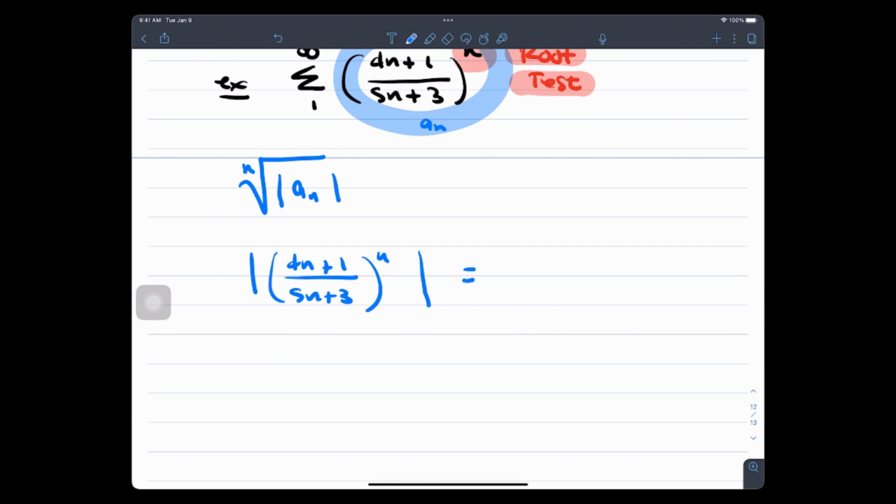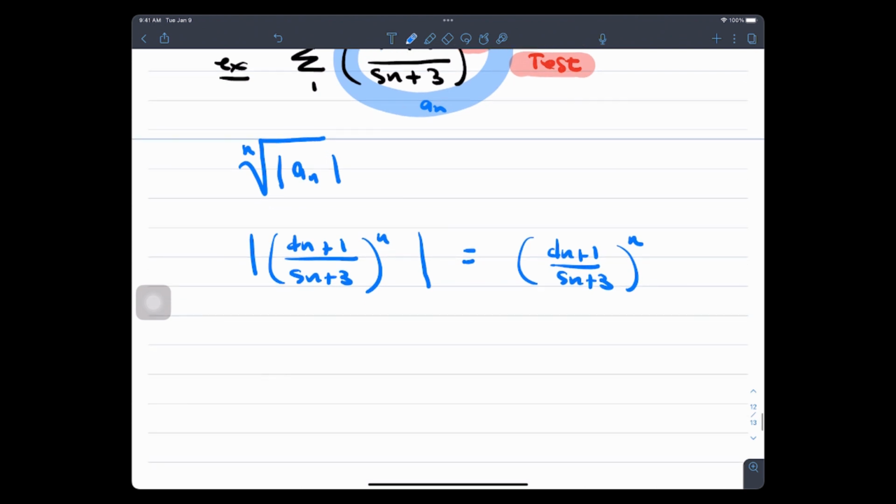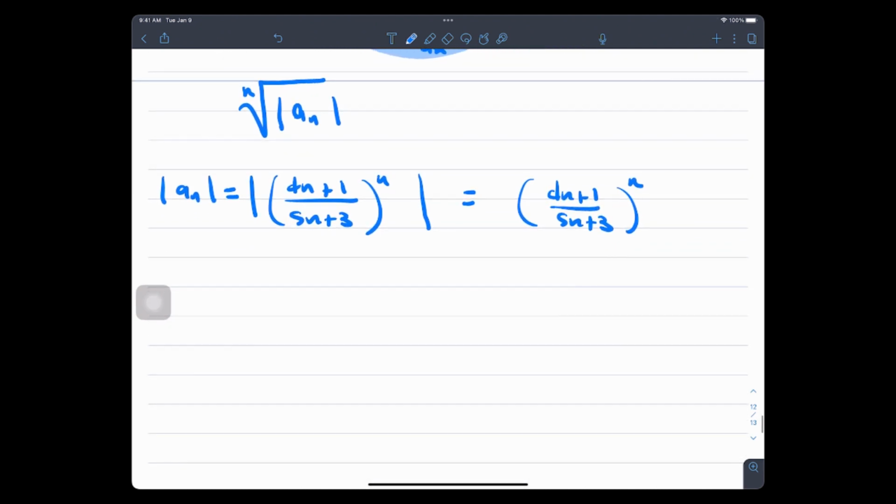Do you guys remember why I can get rid of the absolute value? Because n is a natural number, n is 1, 2, 3, and so on. That's always positive.